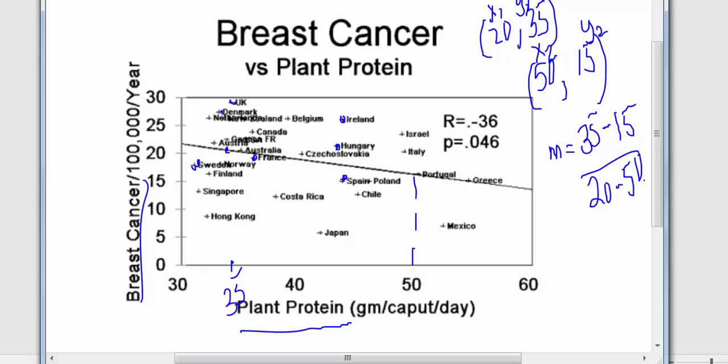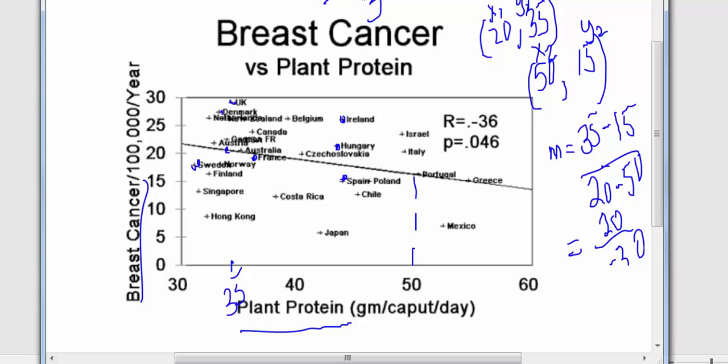In the denominator we have a negative number, so that's negative 30, and in the numerator, 35 minus 15 is 20. So this equals negative 2/3. Sorry, it's hard to write on here. I don't normally write like a kindergartner, though.